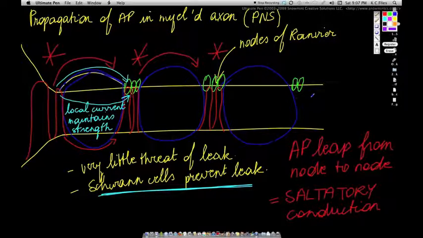Or it's possible that with time, new ion gates will develop in the areas where the Schwann cells used to be, or the myelin sheath used to be.